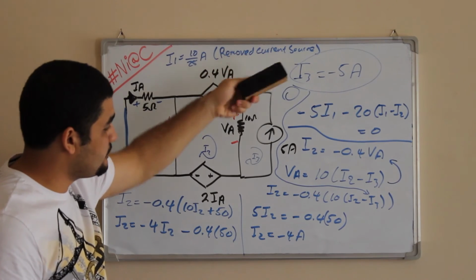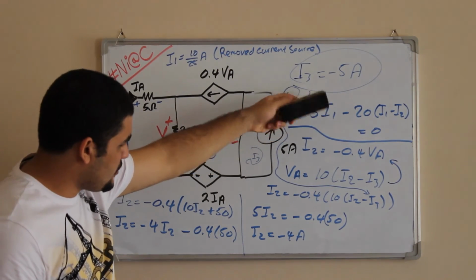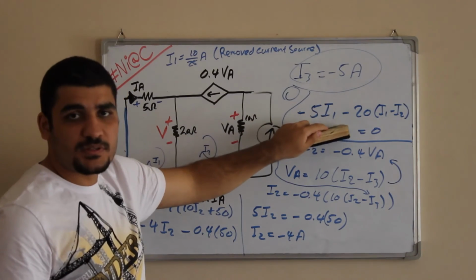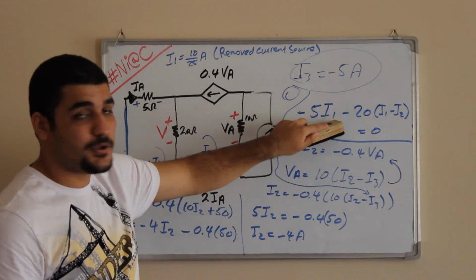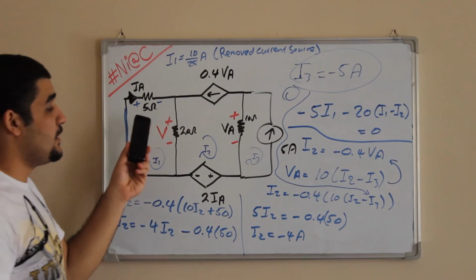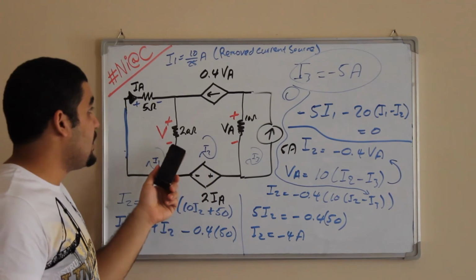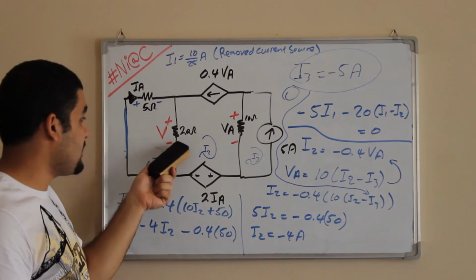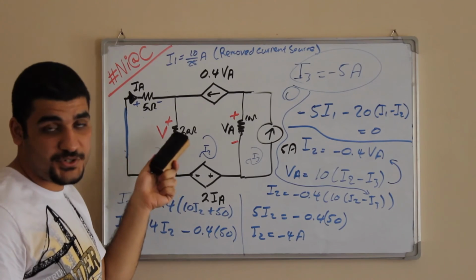Now you have found I2. You don't need I3, just I2. Put it in the first loop equation. You can find I1, which is the same as IA. After that, you can use the I1 to find the voltage across the 20 ohm resistor.